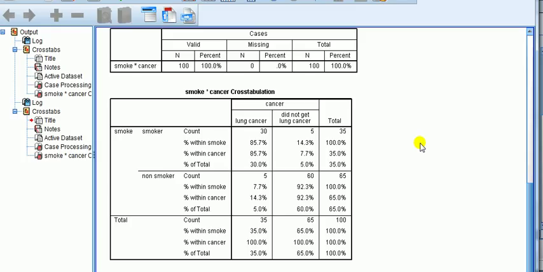Alright? Now, our analysis doesn't stop there. We haven't actually done any crosstabs test at all yet, have we? Because we have not done a test. Well, now we're ready for the test. Because what we've done so far is we've looked to see if there's a relationship just by looking at the counts and the percentages. But this apparent pattern that we've noted could just be due to sampling error.